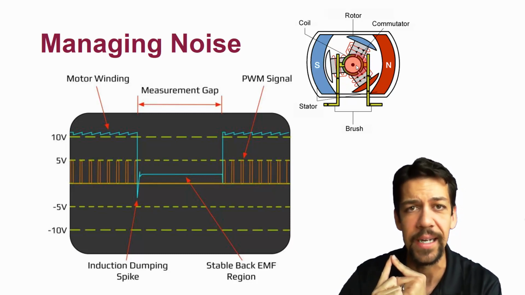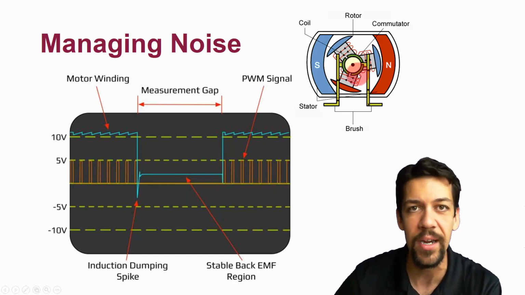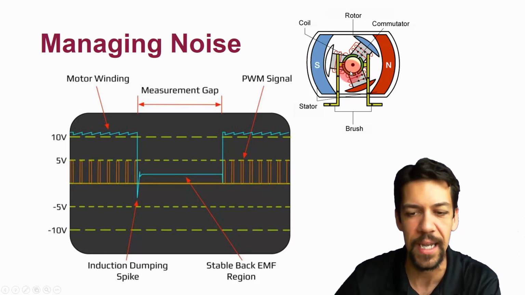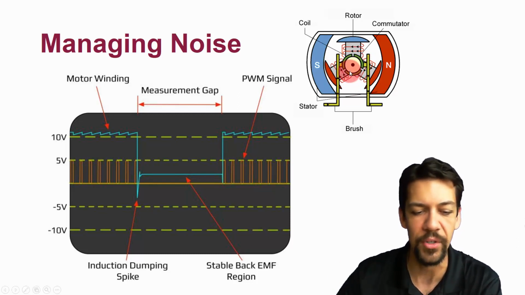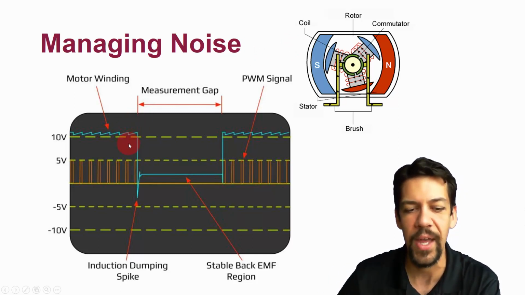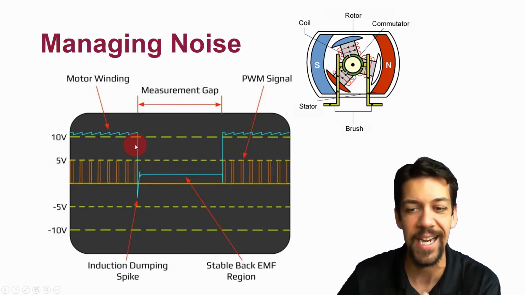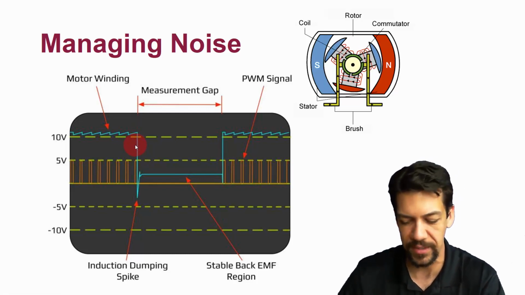Now, to cancel these out, the commutator noise is what they call it. The commutator noise happens every single time the motor goes around. So you'll see little spikes, as you can see on this diagram, that are caused by the motor windings making contact in a new direction every single time.